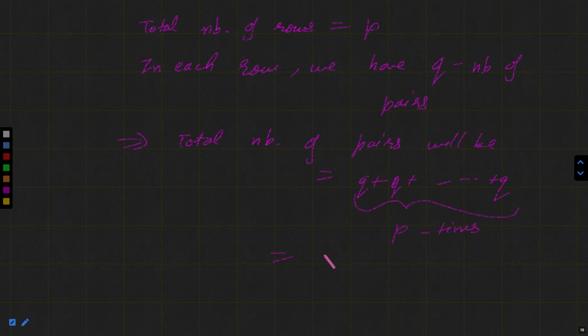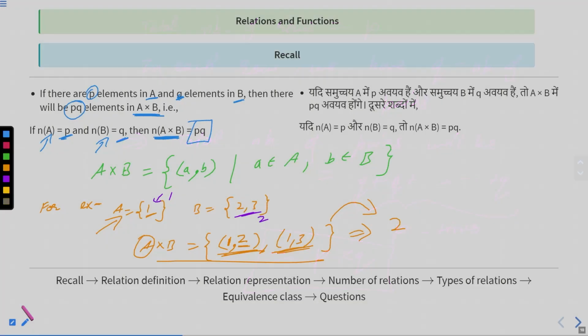So in other words, P times Q. That was the total number of elements, or pairs, in the A cross B set. P times Q. I hope that now you have some idea how we got here. Okay, let us move to next.